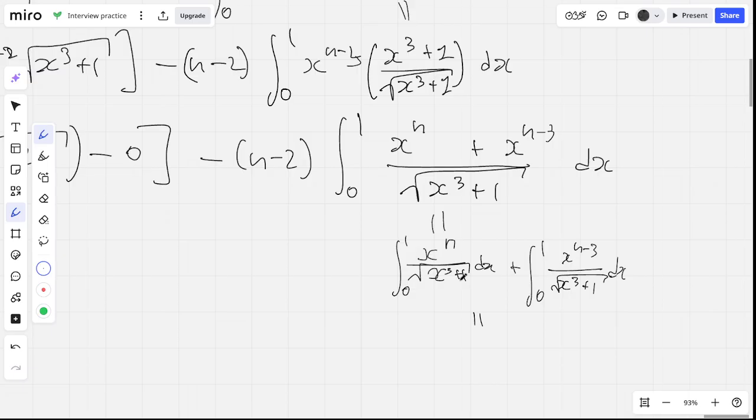Nice. Which is equal to I_n plus I_(n-3).